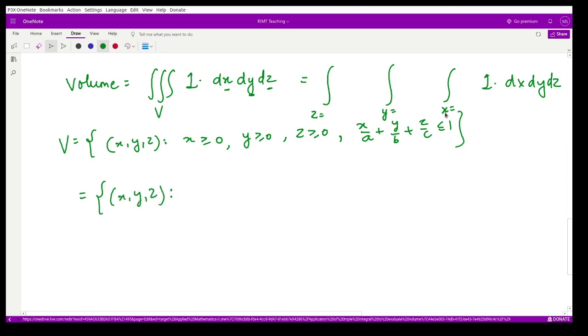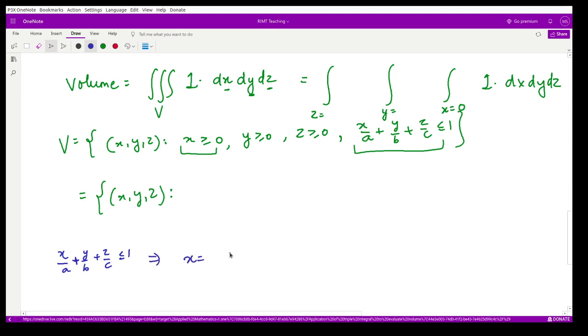Firstly we have to write the limits of x, and it may contain both y and z. So here in this case the lower limit is 0, so we can directly write 0. For the upper limit we'll use this curve, right? So for the upper limit, if I write x/a + y/b + z/c less than or equal to 1, from here I can calculate the value of x.